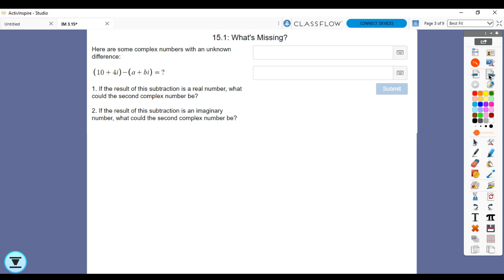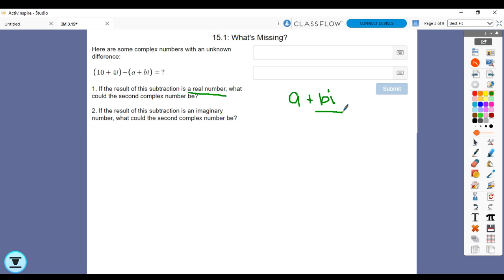Okay, this is kind of a key part of this lesson: finding what's missing. No matter where you see some variables, you're going to try and figure this part out. It says if the result of this subtraction is a real number, think about it: all complex numbers are a plus bi. If it's a real number, that means the imaginary number is no longer there.